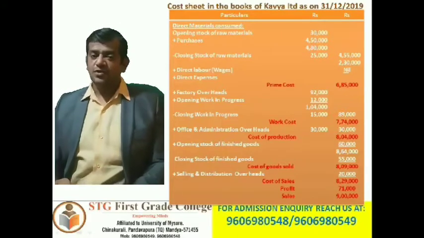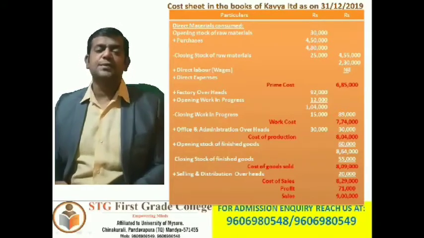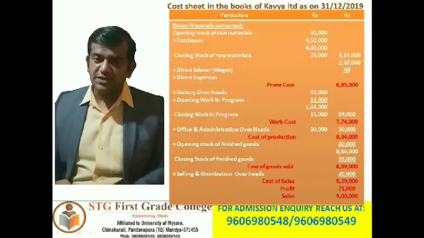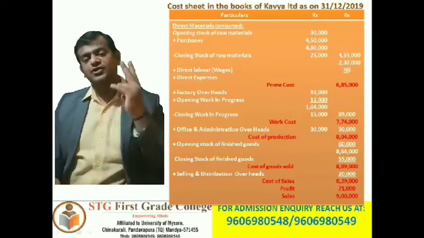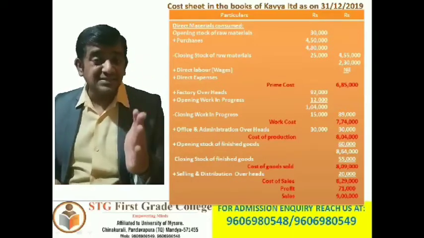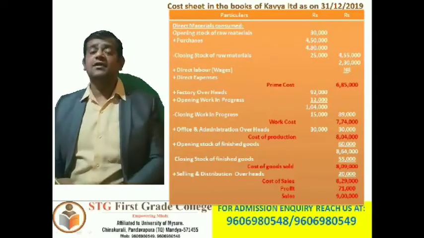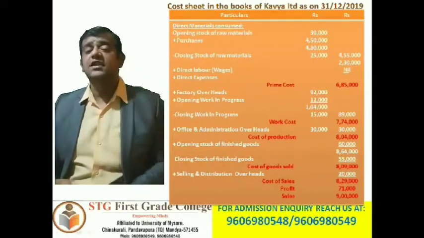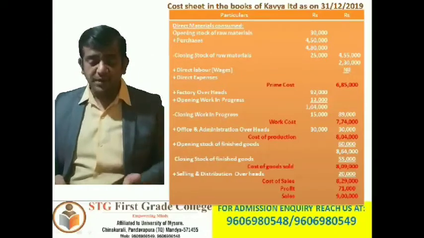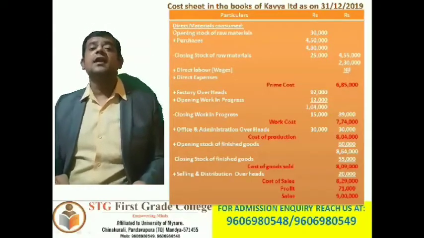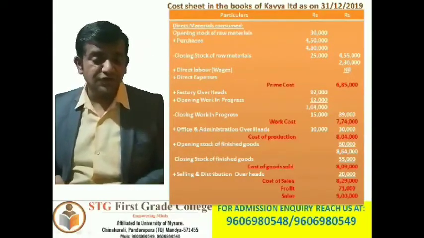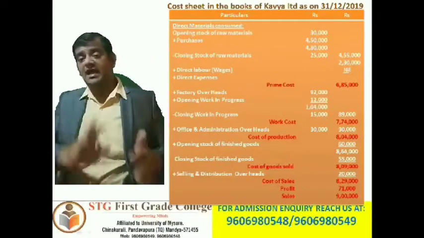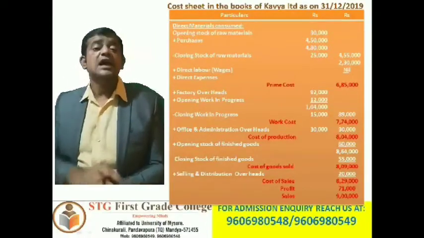Clear? So you also copy this problem and solve it, and before going, watch it 2 times so that you can understand, because here we have raw materials, then purchases, opening stock of raw materials, and closing stock of raw materials. That has to be added and deducted under prime cost.